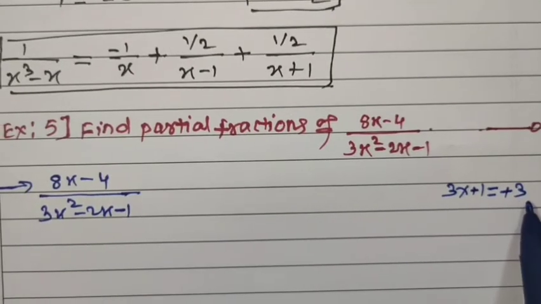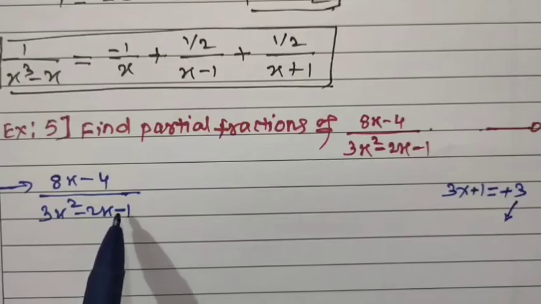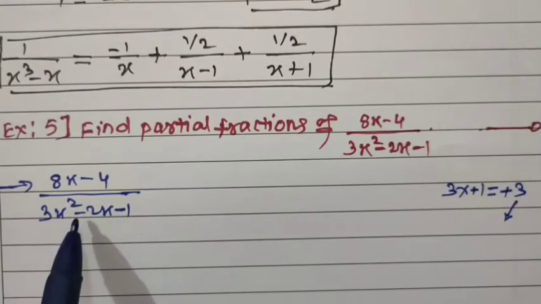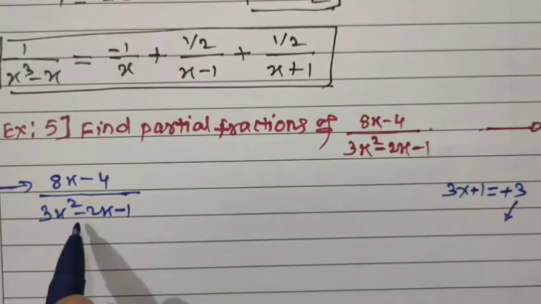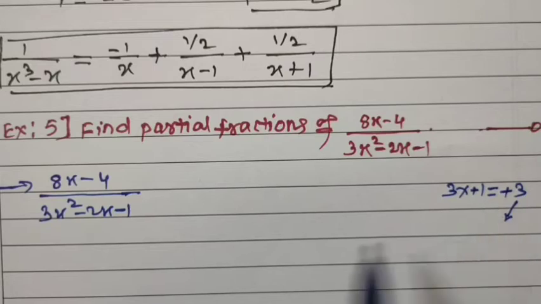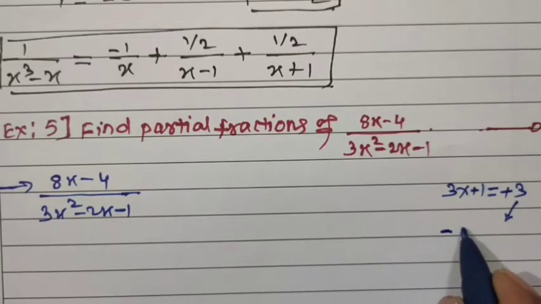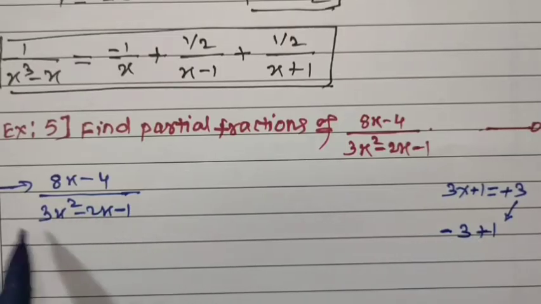Now find the factors of 3 such that their subtraction, due to this minus sign, will be minus 2. So that factors will be 3 and 1 such that sign of 3 will be minus and sign of 1 will be plus. So minus 3 plus 1. This gives linear factors of this polynomial.